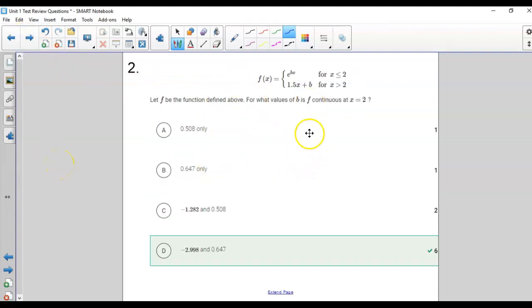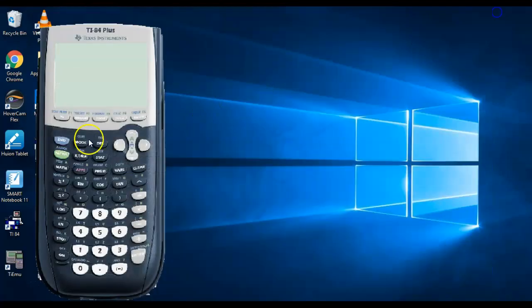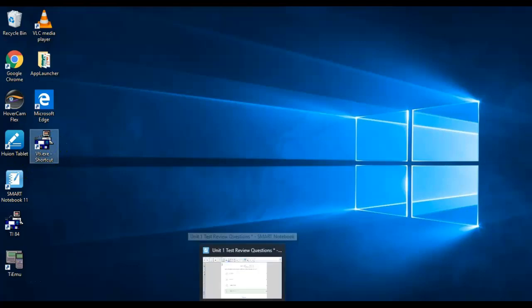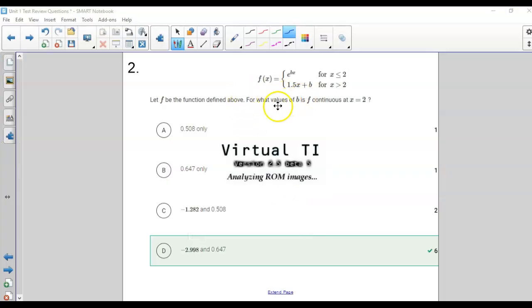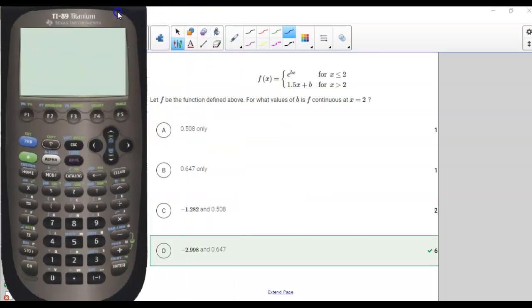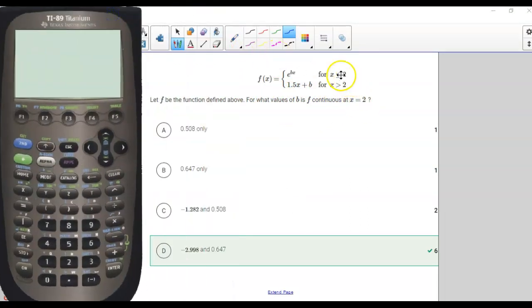Okay. Not too many people miss this one, but I just wanted to remind you of a function on your calculator. This one is a calculator active question. So let me get the calculator open here. So for this one, you want to know for what values of b f is continuous. So it must be continuous at 2, so you would plug in 2 for x.